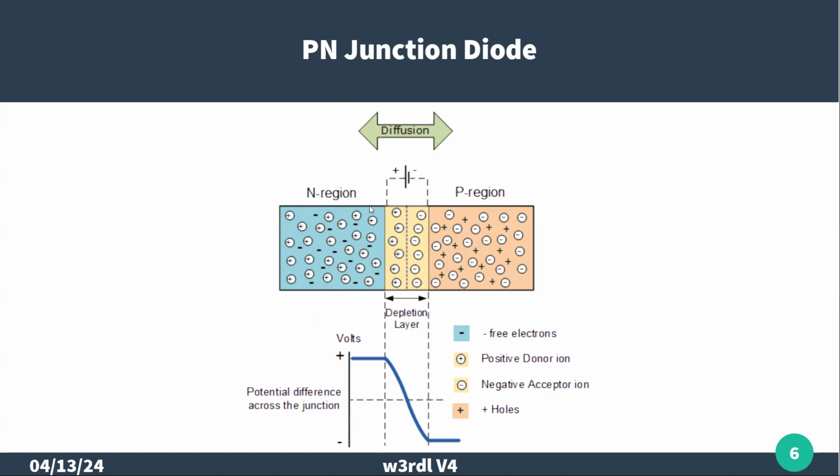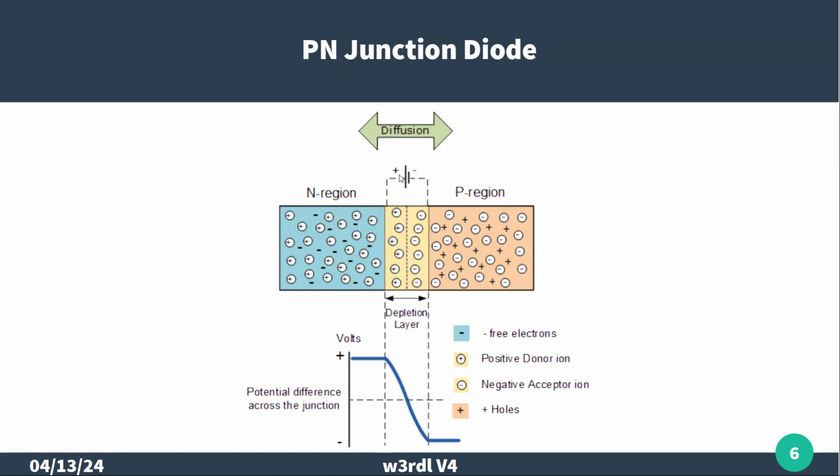When we put these P-type and N-type pieces of silicon together and form this junction between them, because we have this potential difference, it creates what we call a depletion zone, where the electrons combine with the holes, and we wind up with, in essence, intrinsic silicon in the middle in this depletion zone, which isn't a conductor.